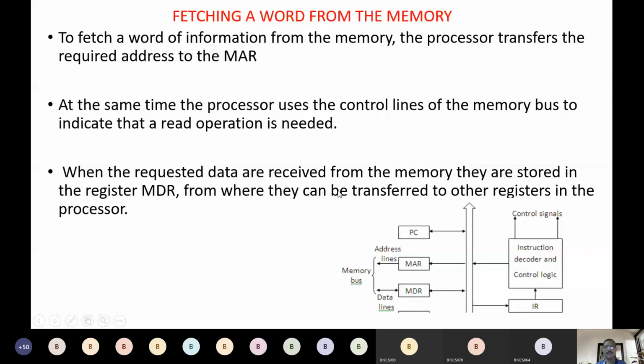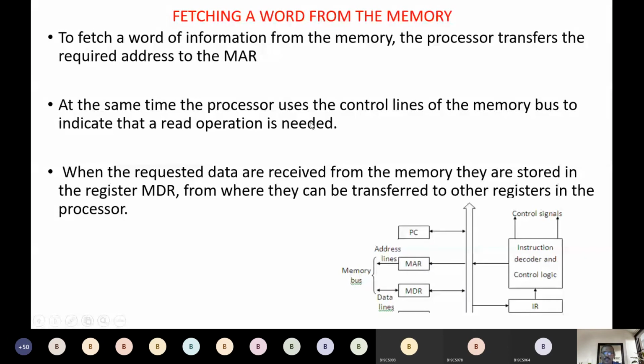First it transfers the address from where it wants to retrieve data, that is the address in main memory. That address it keeps in MAR because it is the memory address register. So the processor keeps the address of the main memory location here in MAR.